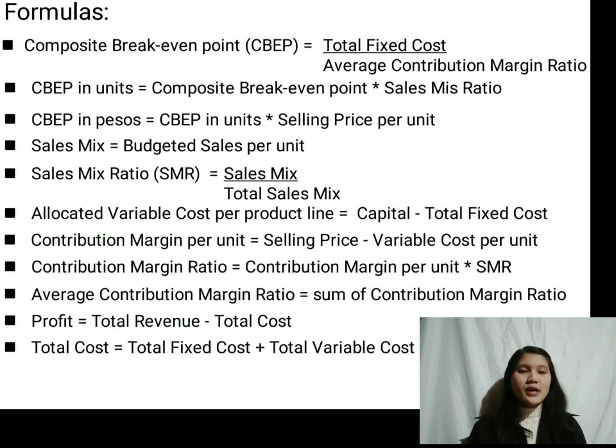And contribution margin ratio is equal to contribution margin per unit times SMR or sales mix ratio. Then average contribution margin ratio can be gotten by adding all the CMR. Then profit is equal to total revenue minus total cost. Total cost can be gotten by adding total fixed cost and total variable cost.